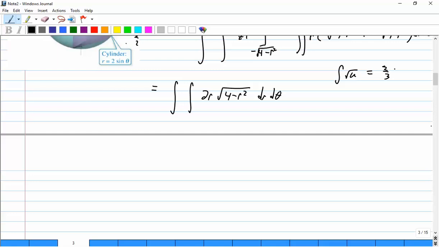2/3 u to the 3/2. Now you do have the what from the du you have to bring out? The negative. So that is going to be negative 2/3 u to the 3/2.